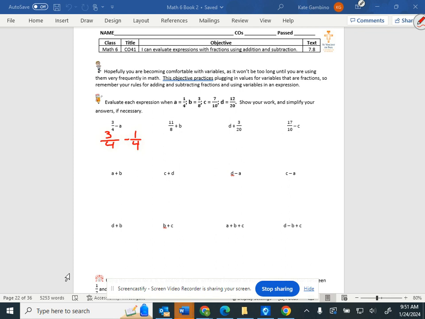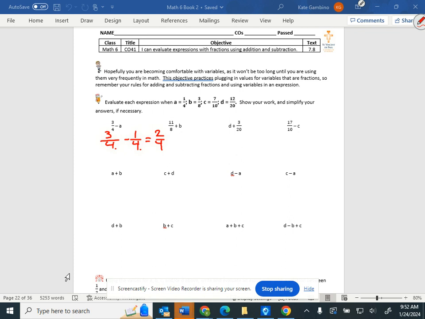Do we have a common denominator? Oh, made it easy. We don't have to do that step because it's already done. 3/4 minus 1/4. We already have a common denominator, so we can do our math. What is 3/4 minus 1/4? Amanda? 2/4.